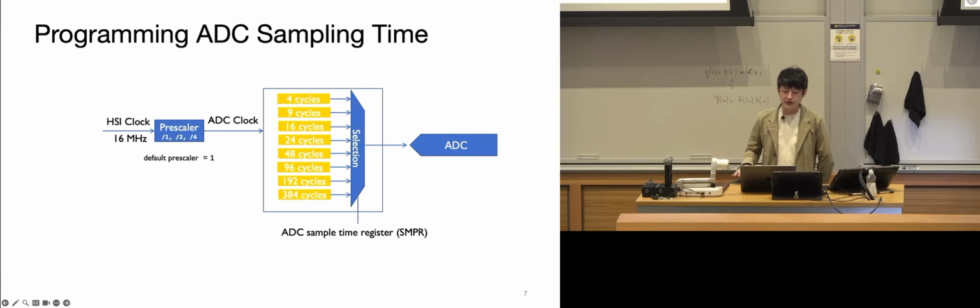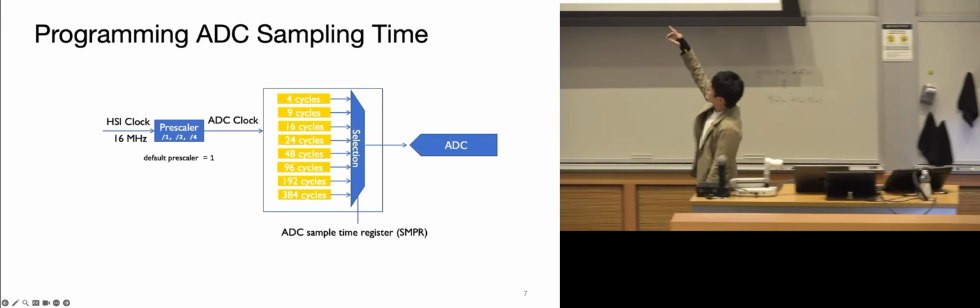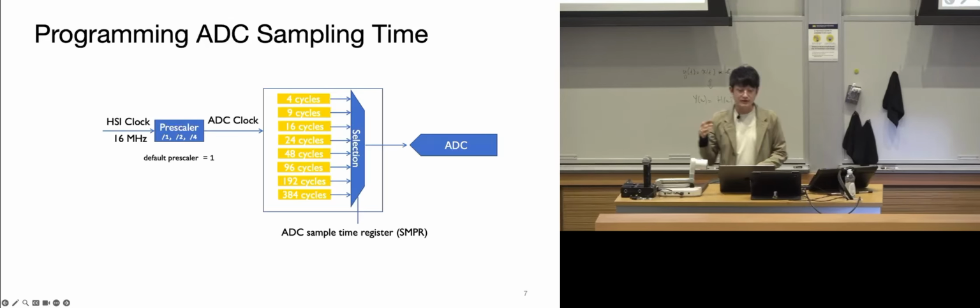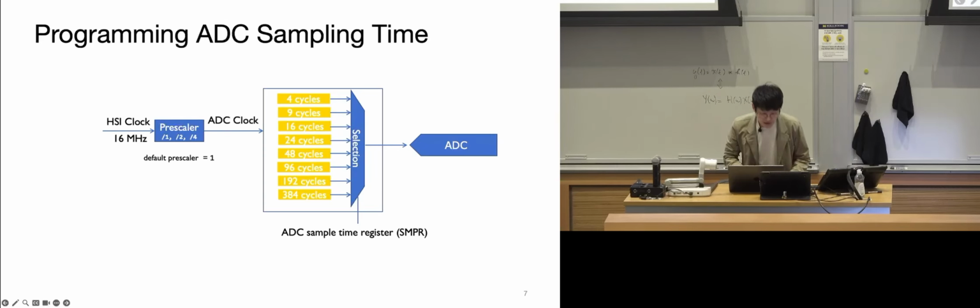This is what the ADC sampling time looks like from the system's perspective. You have a choice of setting how long the sampling time takes, essentially the sample and hold circuit. In the system, the minimum is, I believe, 4 cycles, and you can set it to be much longer.